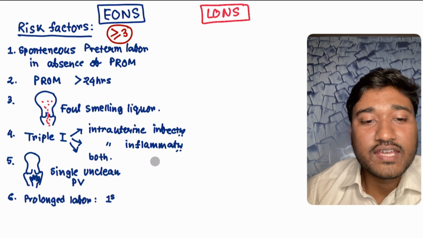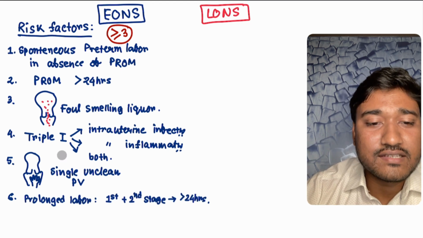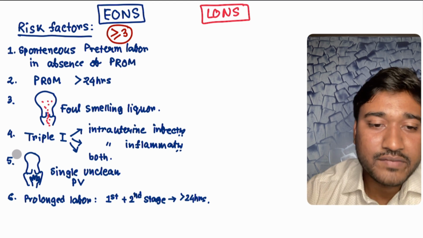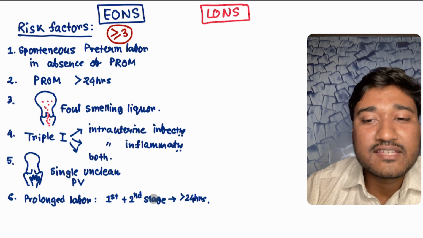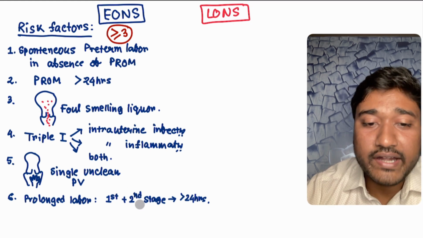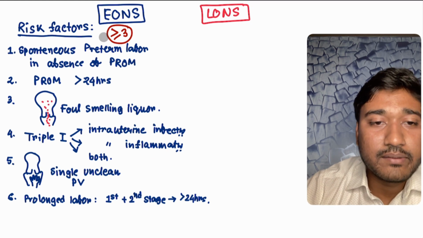And look here, even a single unclean per vaginal examination becomes a risk factor. If there is prolonged labor, especially if the combined first and second stage is more than 24 hours, we call it prolonged labor.